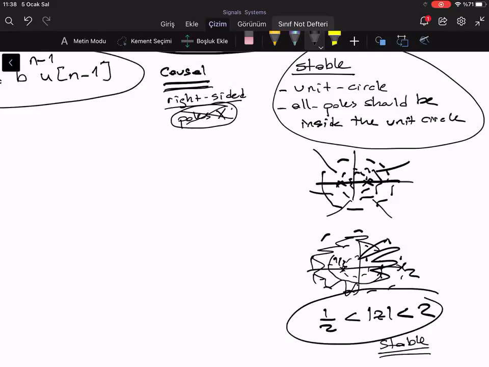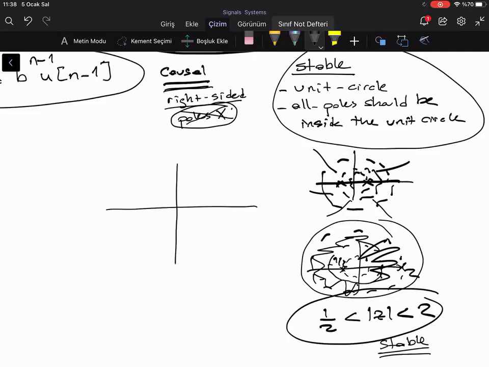Okay, but when I look at this ROC plot, can I say that this is a causal system? No, because I have a sequence which is left-sided. I have another sequence which is right-sided. Bakın burası anlaşıldı mı arkadaşlar?